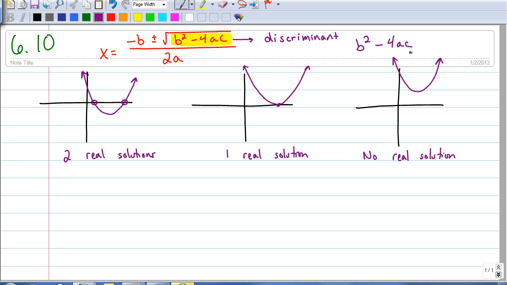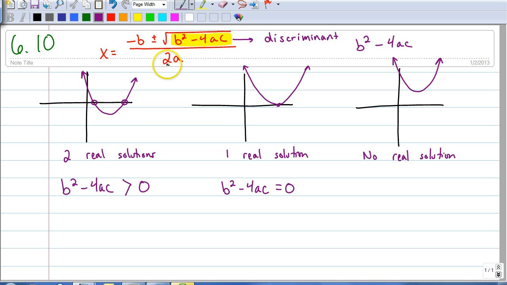Now here's what that part tells you. That part tells you, again, how many solutions it has. If we do b squared minus 4ac, and if we get a number that's positive, that's greater than 0, that means that we have two real solutions, because we're going to have a plus or minus some number. So we're going to end up with two solutions. A plus or minus are both going to come in. If we end up getting b squared minus 4ac, and I get exactly 0 as my answer under the radical, well, that means the plus and minus are not going to come in.